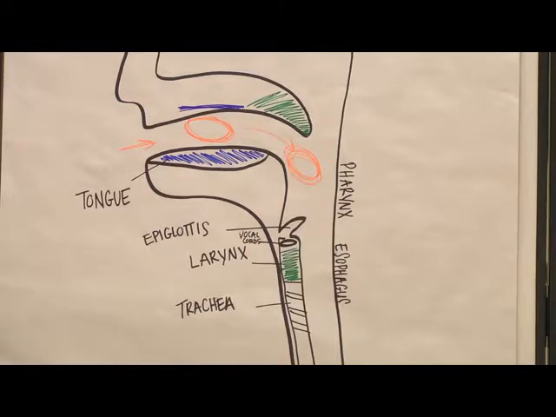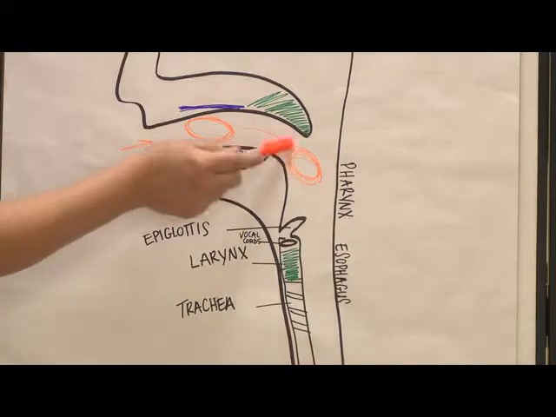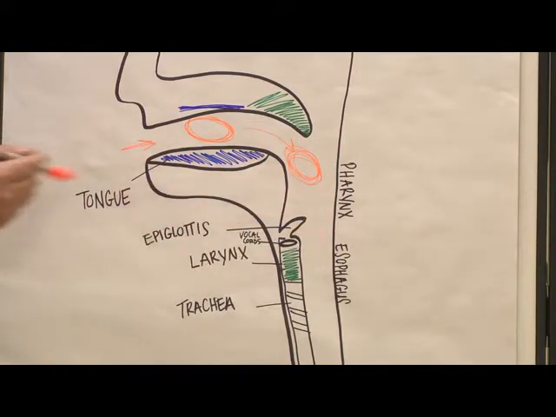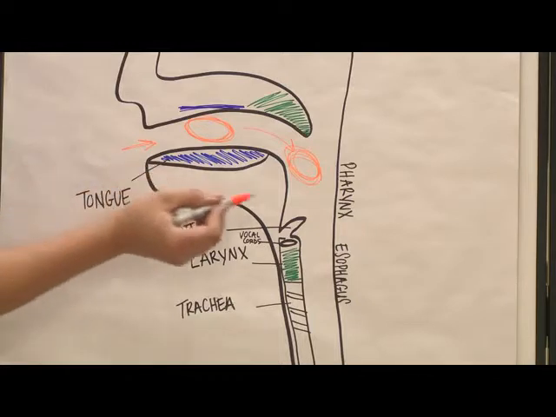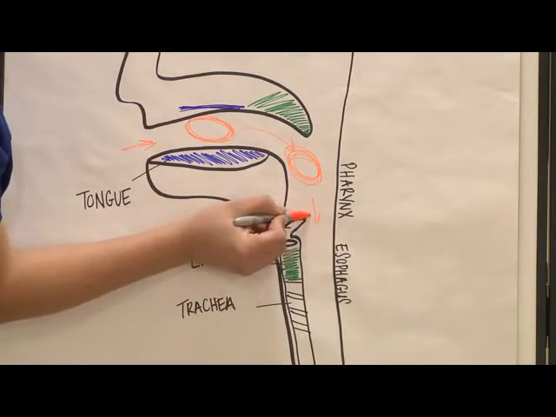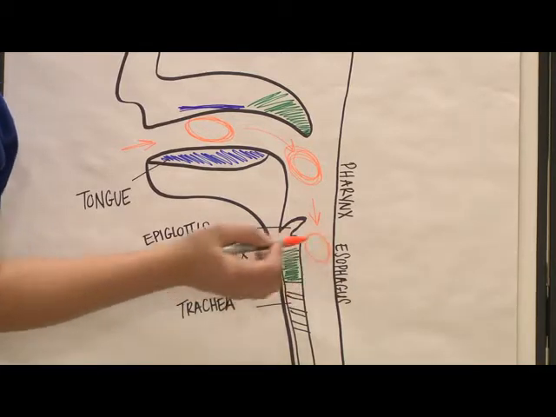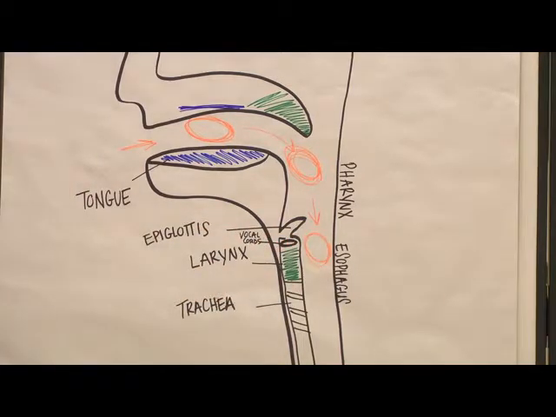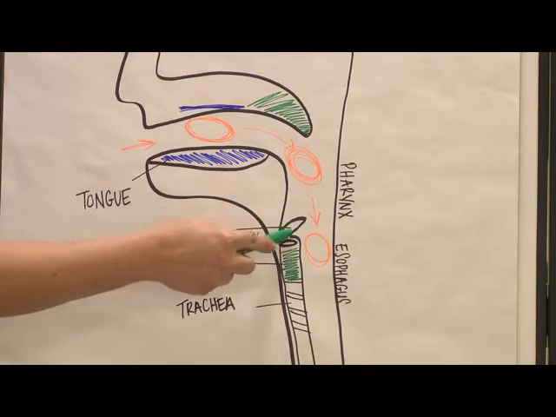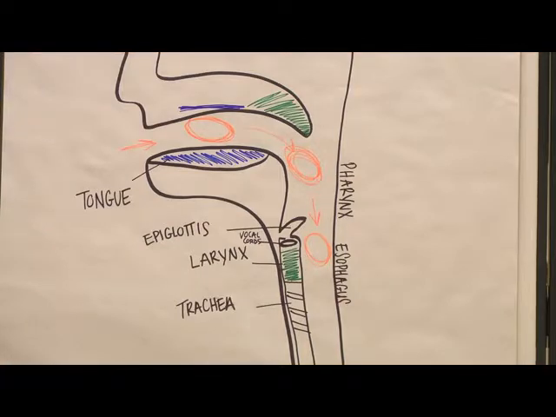The next thing that happens is that the food needs to go from the oropharynx into the top of the esophagus. This is the beginning of the pharyngeal phase of the swallow. Now, we don't want the food to go back into the mouth or up into your nasal cavities. And we certainly don't want the food to go down into the airway because that would cause choking, an inability to breathe, and aspiration into your lungs.